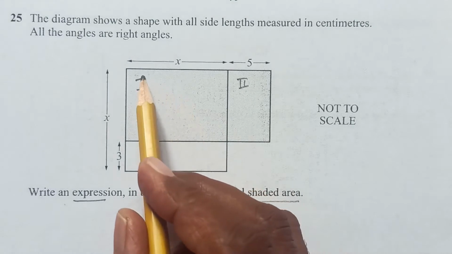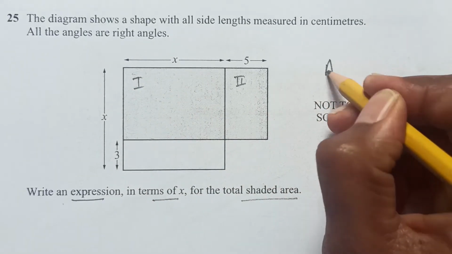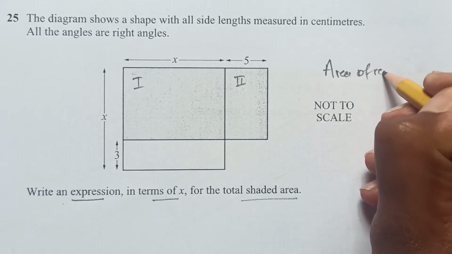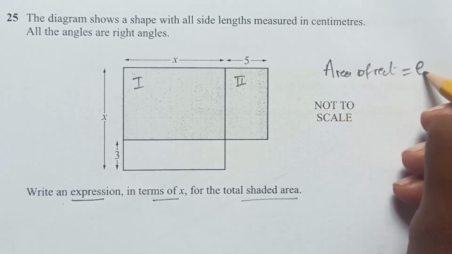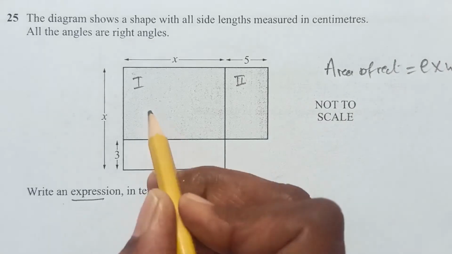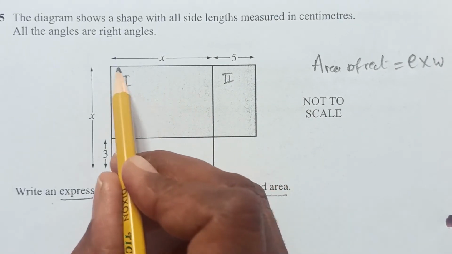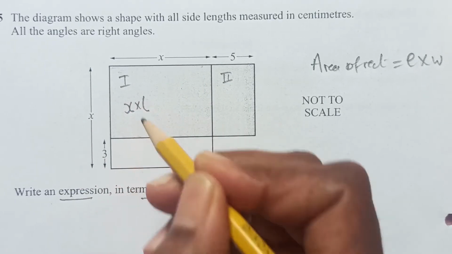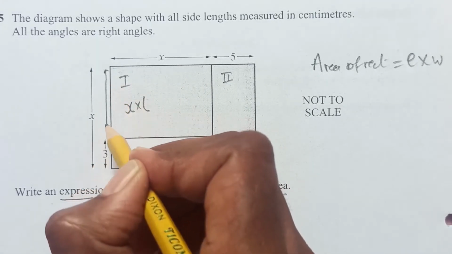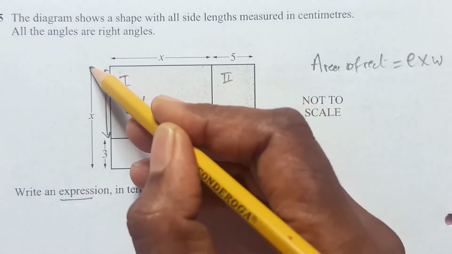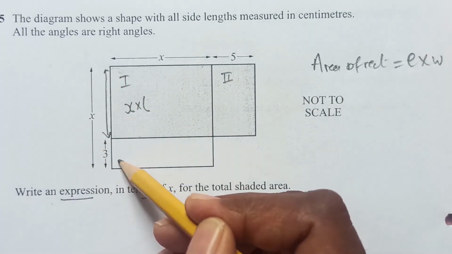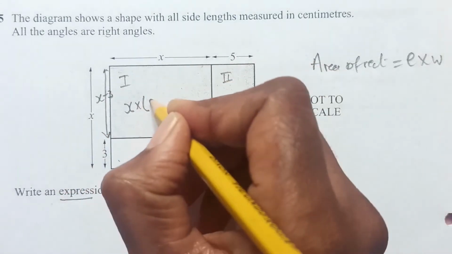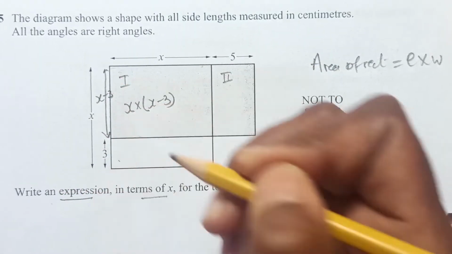Now for the area of a rectangle, you all know the formula. It's length times width, right? So from here you need to know the length. The length here is x, times what? We need this much from here to here, so the total is x minus 3. So x minus 3 will give you this length here. So x into x minus 3 is the area of this shape, right?